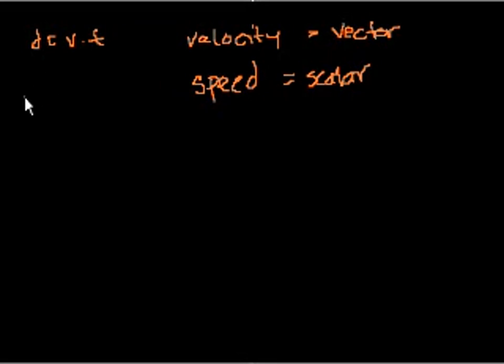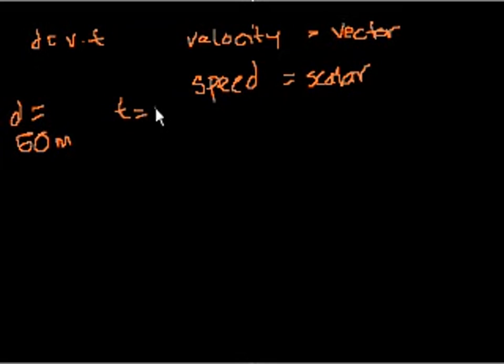Let's say I went 50 meters. So distance is equal to 50 meters. And time is equal to, and this should really be change in distance and change in time, but for the problems we'll do, it doesn't make a difference.